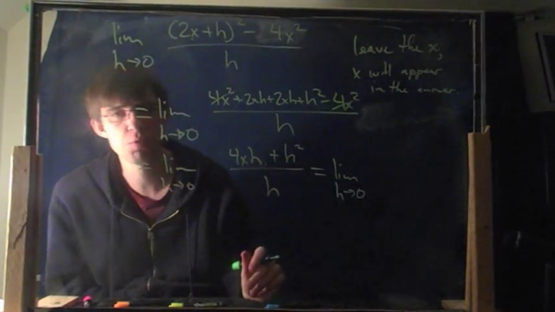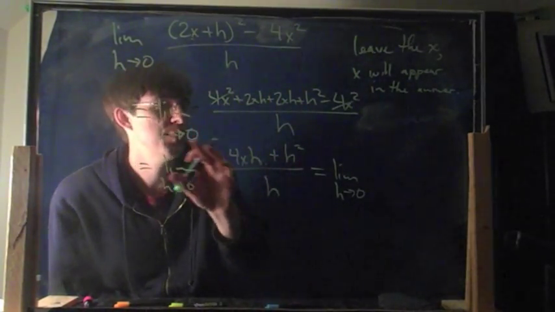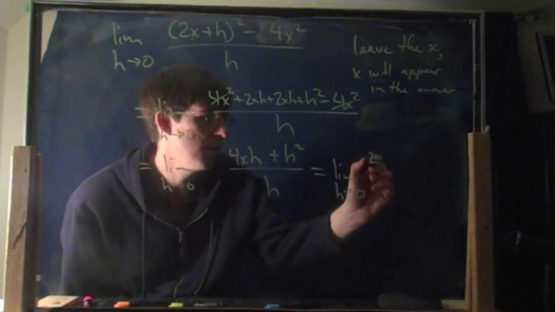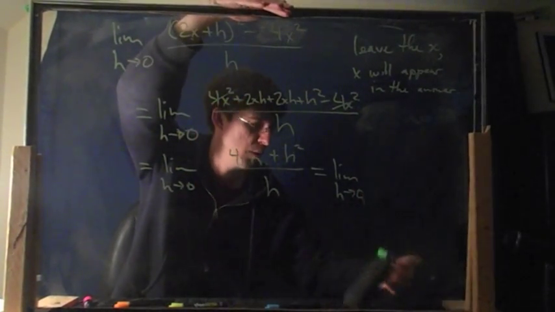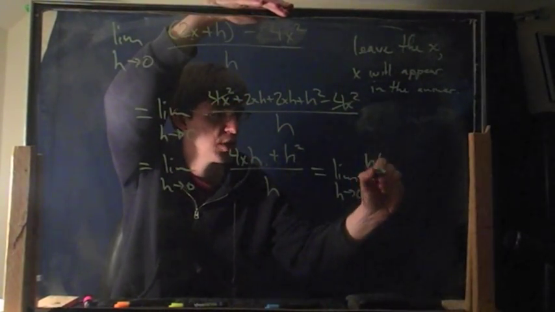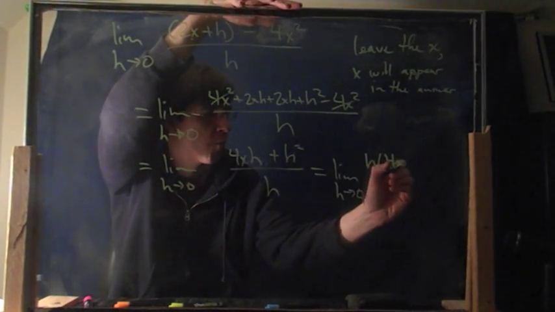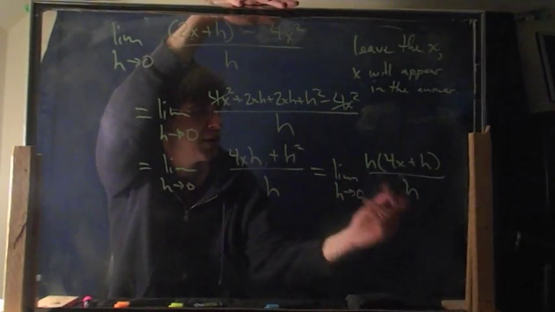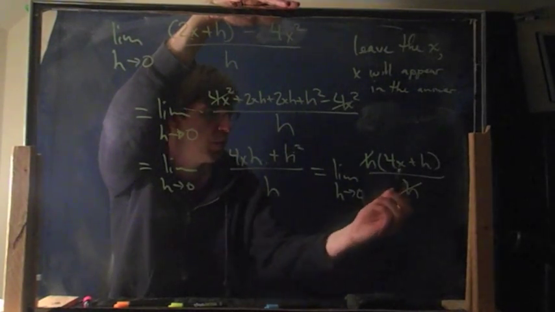This is a pattern that you will recognize as we go on with doing these limits. They typically end by you factoring something out on the top and then canceling it on the bottom. I'm factoring out the h. So it's h times, what's left when you pull the h out? 4x here and h here. 4x plus h, like so. On the bottom, h. Now we cancel the h's. What's left over is 4x plus h.